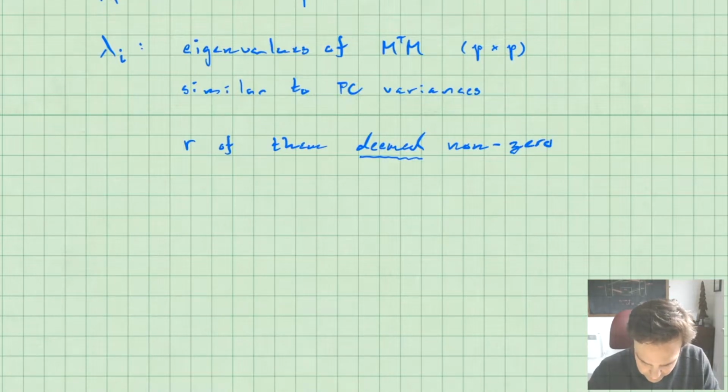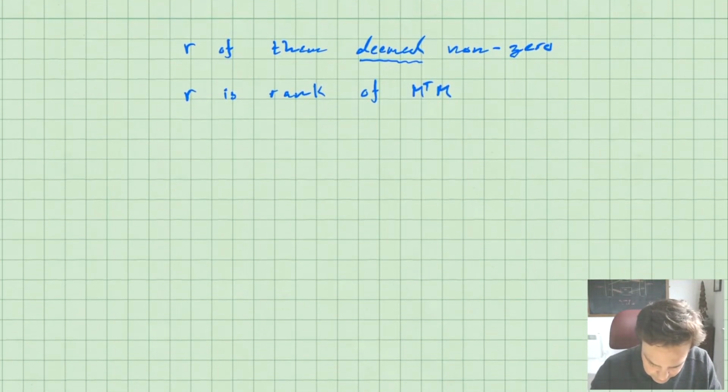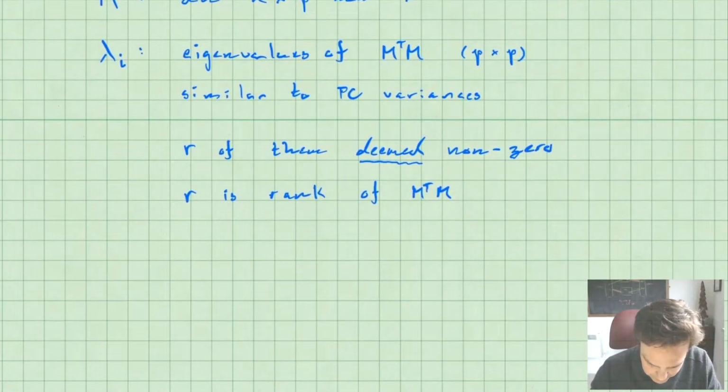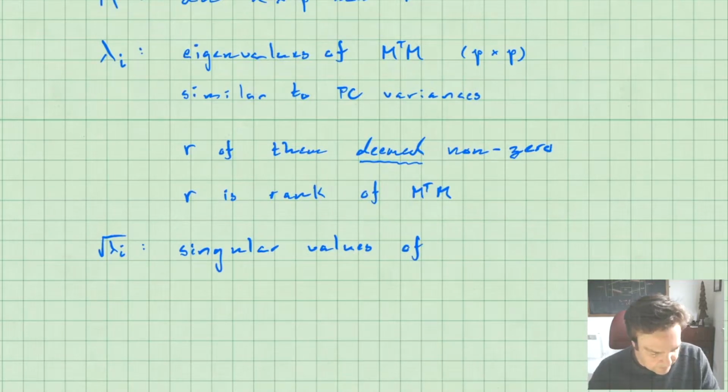So we'll say then r is the rank of M transpose M. And these square roots of those, square root of lambda i, are called the singular values of M. So that's what they're called, just as a name.